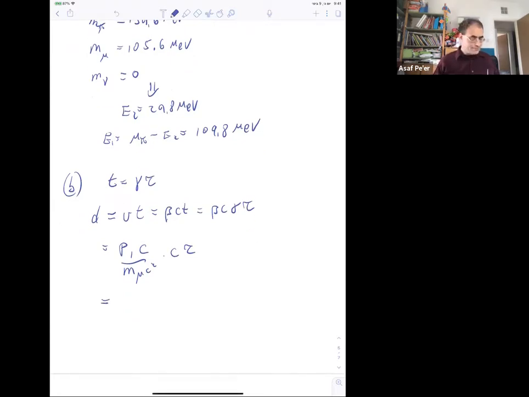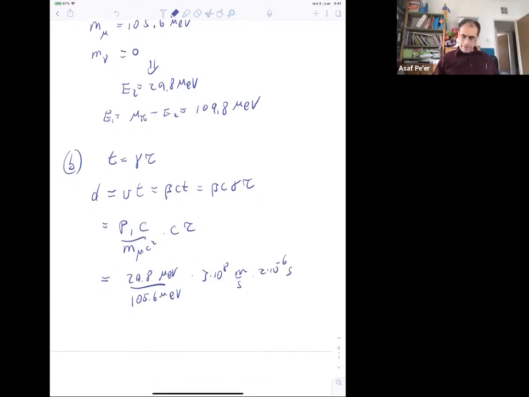This is just 29.8 MeV divided by 105.6 MeV times C tau. So this is the actual unit that we need. So this is 3 times 10 to the 8 meters per second, and this is 2 times 10 to the minus 6 seconds. So it gives us 170 meters. Right? P_mu is M_mu gamma beta C.